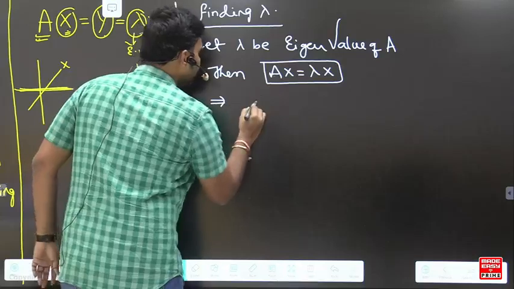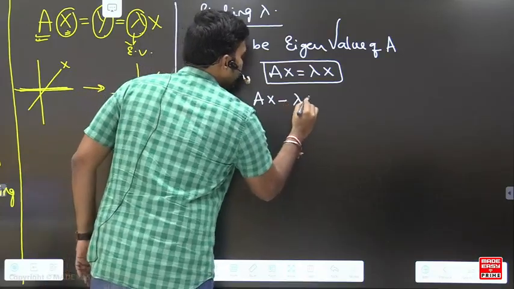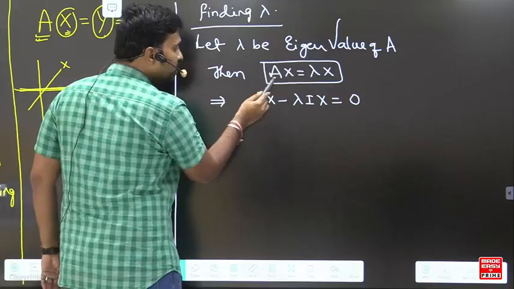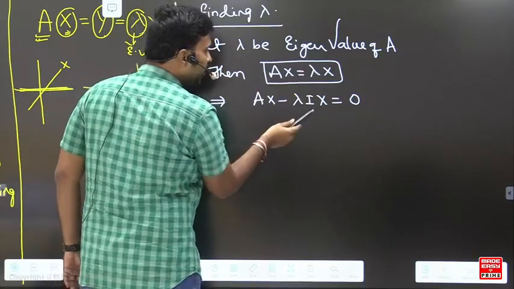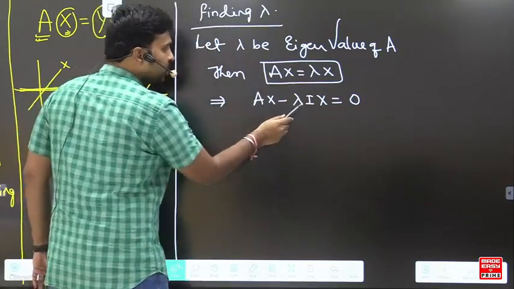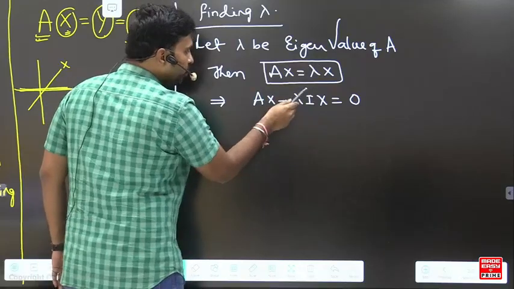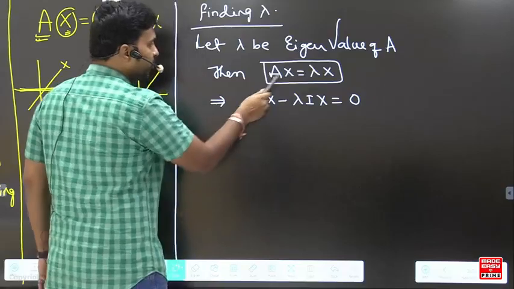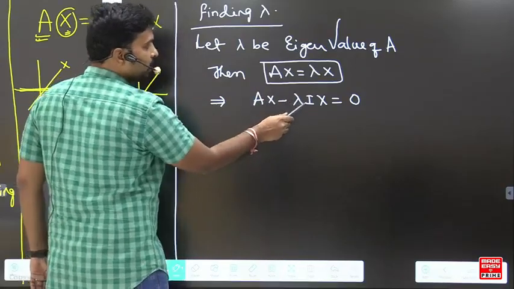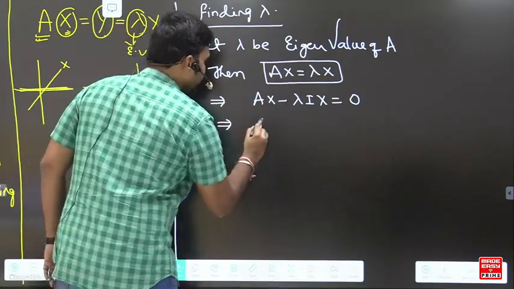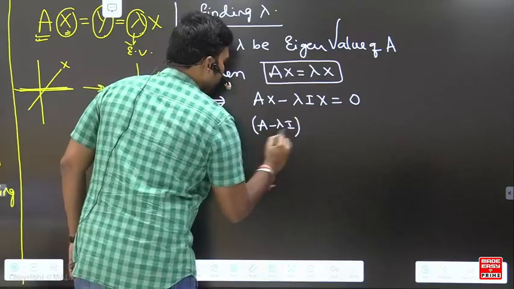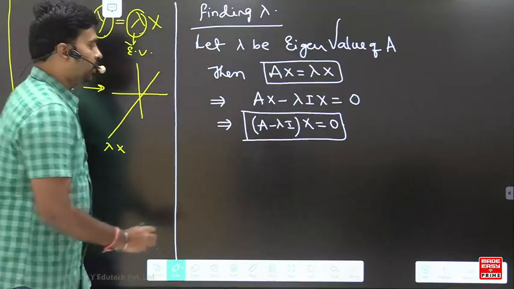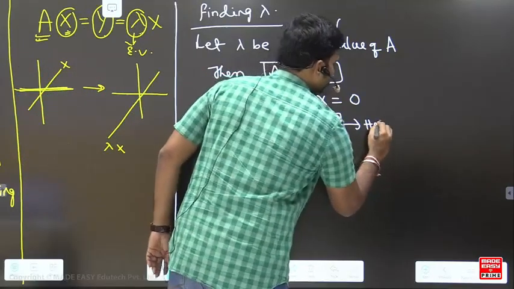Now, dear students, this can be written as Ax minus lambda Ix is equal to 0, because this is a matrix multiple and this is a scalar multiple. If you want to subtract, convert this lambda x into matrix form as lambda Ix. Hence it can be written as (A minus lambda I) x is equal to 0. So this is the homogeneous system.